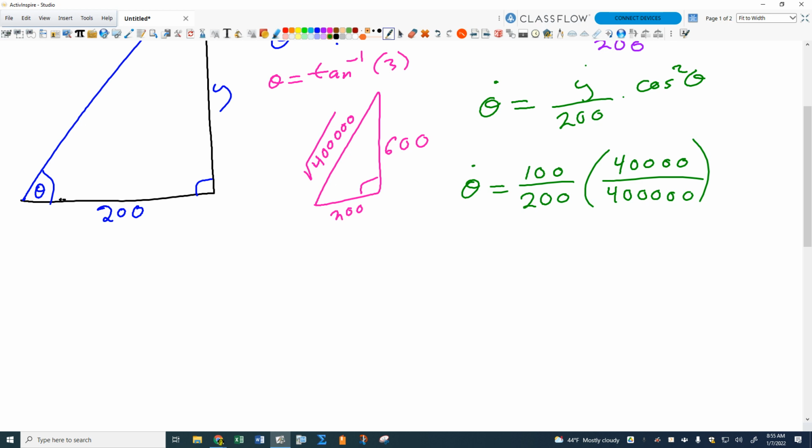That just reduces to 1/10. So we just get 1/20th.